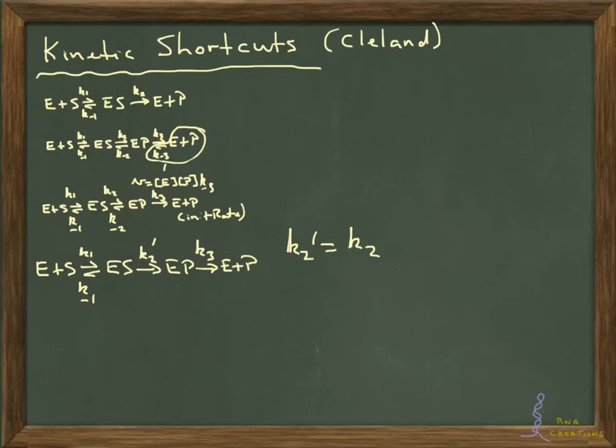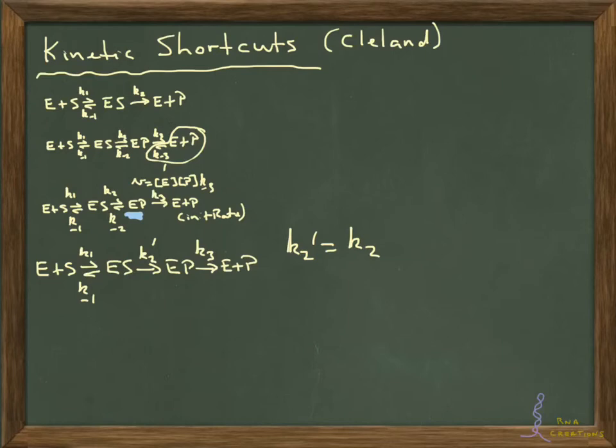And the partitioning factor is the likelihood, once we advance from ES to EP, that EP is going to go forward versus going back. Those are its only two choices.